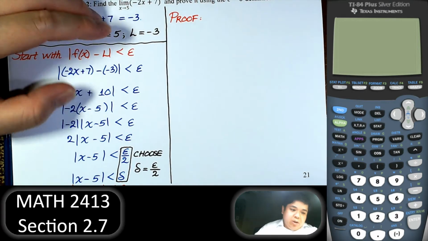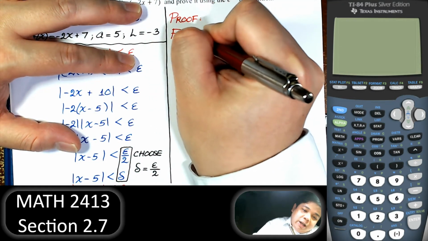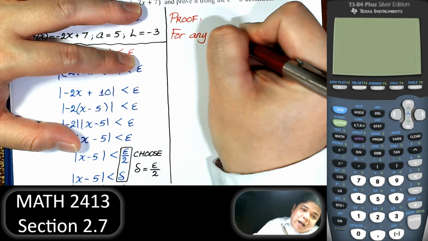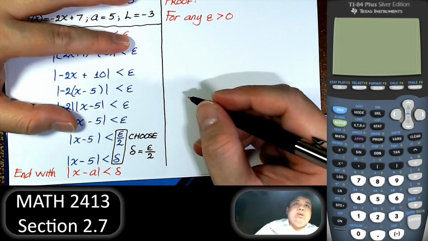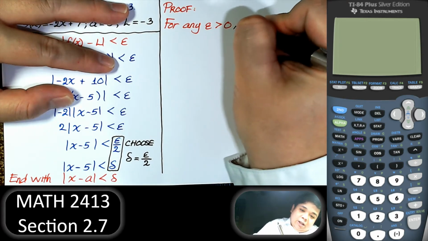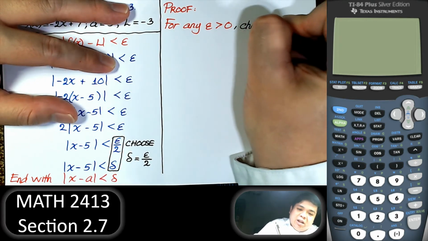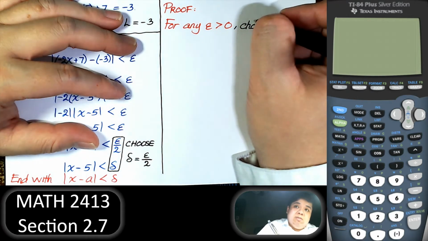So we start with, for any epsilon greater than 0, we choose delta to be epsilon divided by 2. That is the same thing as saying when we have epsilon, there is the corresponding delta.